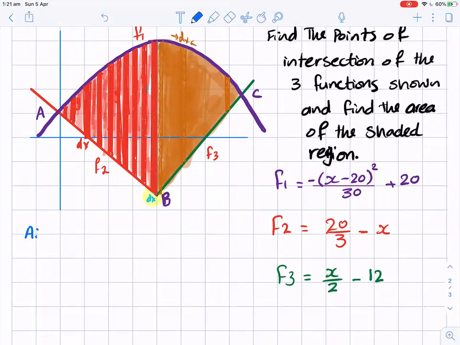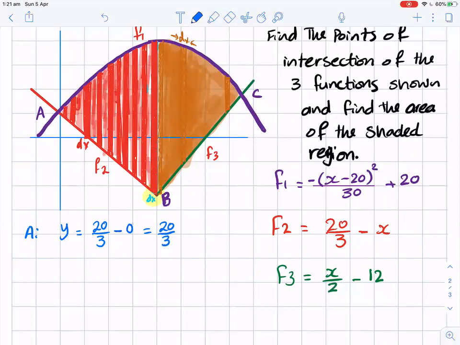So we can say y equals 20 over 3 minus x, which is 20 over 3 minus 0, and that will give us y equals 20 over 3.